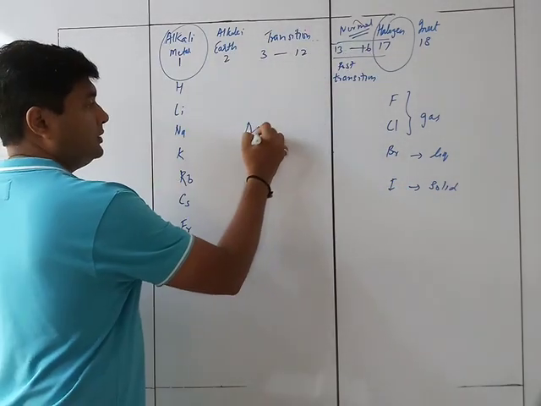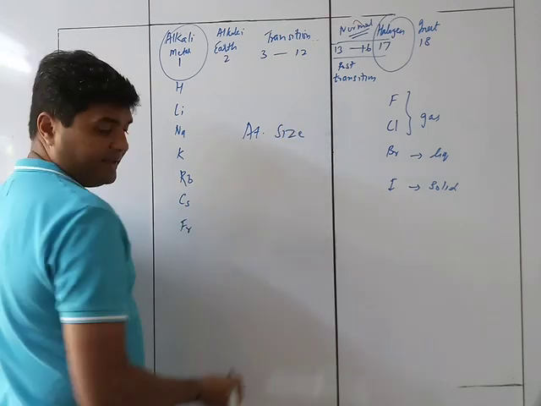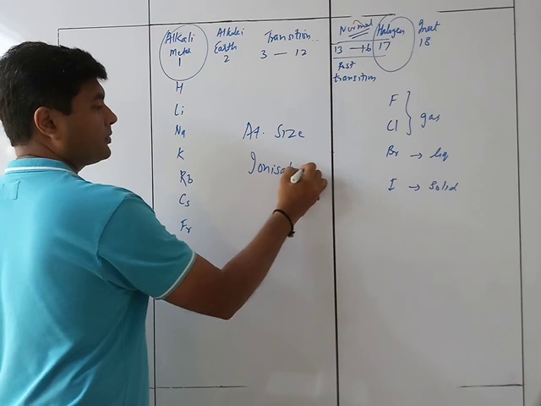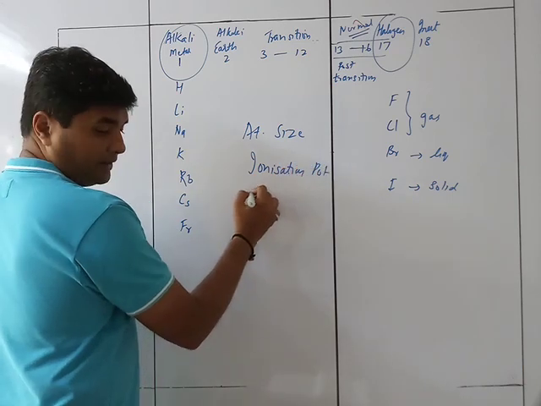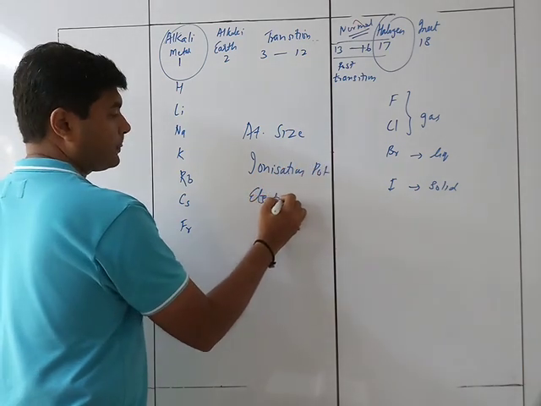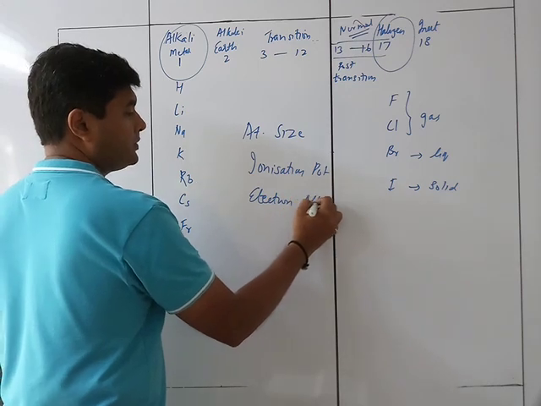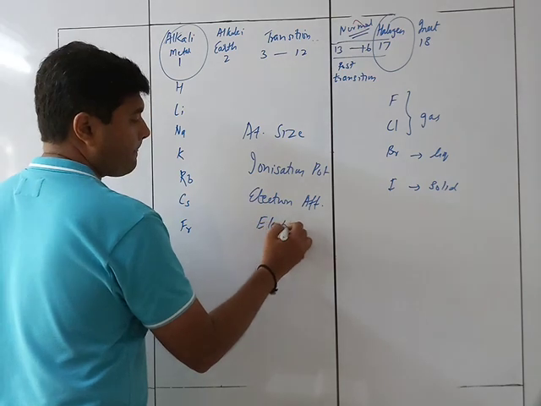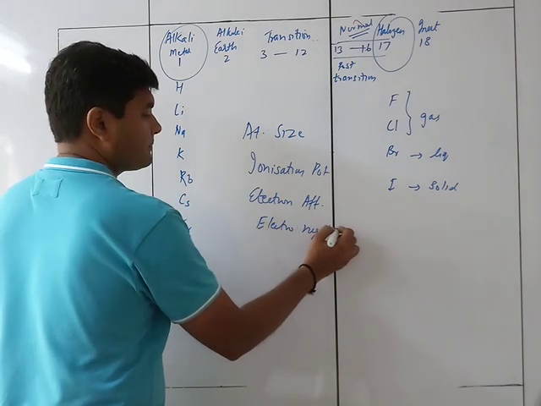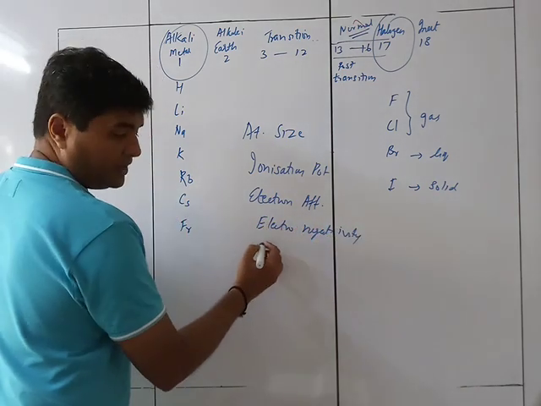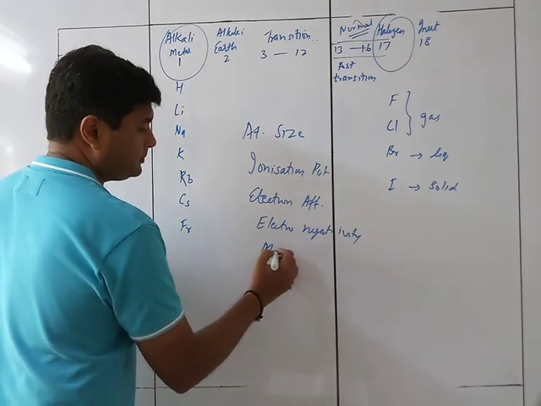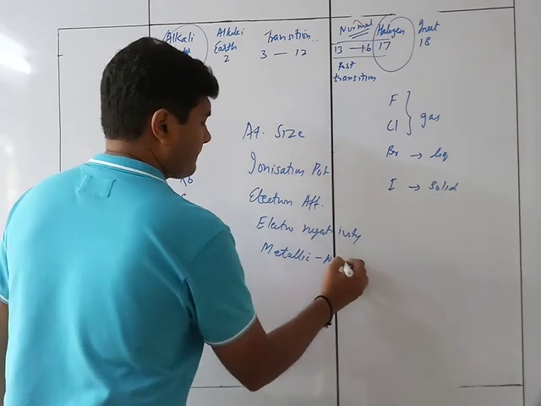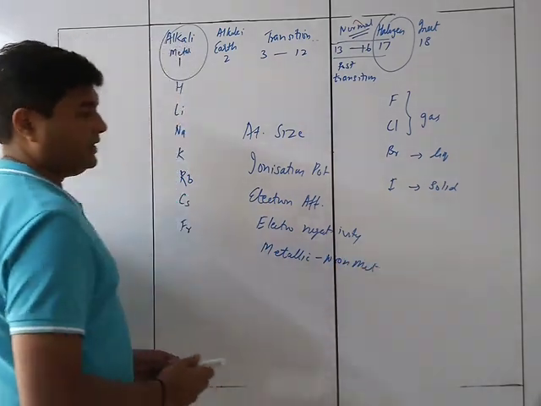One is the atomic size or also the radius. Then we are going to learn ionization potential, then electron affinity, then electronegativity, and finally metallic and non-metallic.